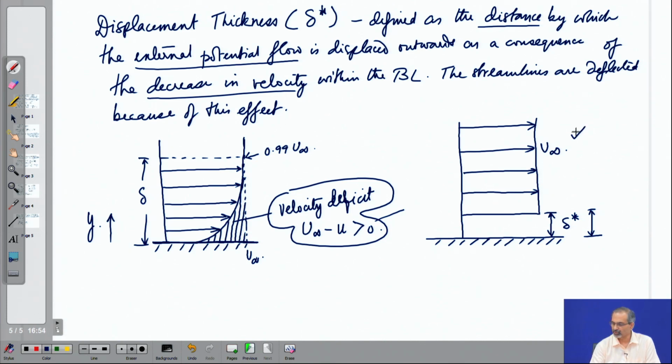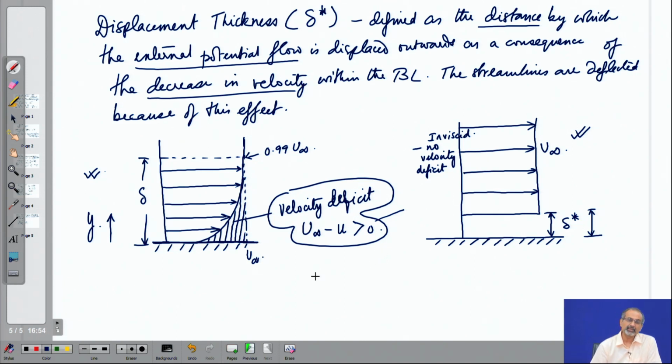This is precisely shown through this figure, where the rest of the flow is an inviscid flow, that is, it is devoid of the viscous effects, and therefore, it has no velocity deficit, but it is carrying the same flow as this viscous flow, and if it does so, then it has to displace from the wall by a distance delta star.